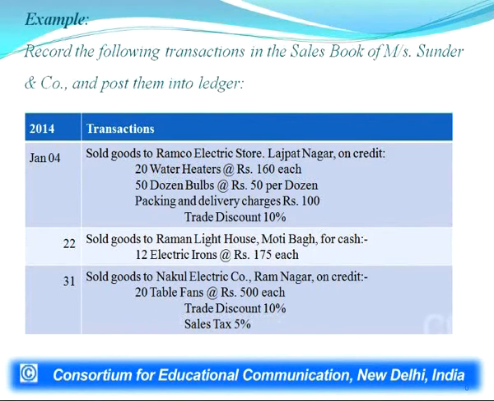So, we do not make any sales tax account separately, we add it to the cost of goods. In the case of sales, we need to differentiate the treatment of sales tax.